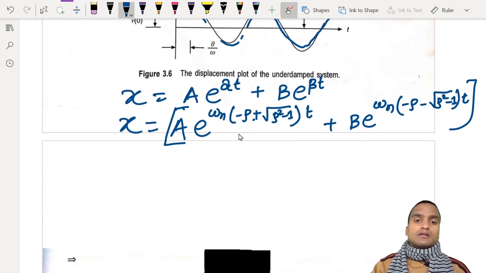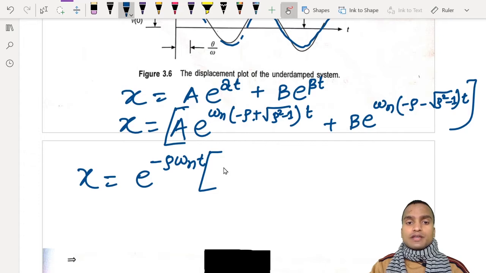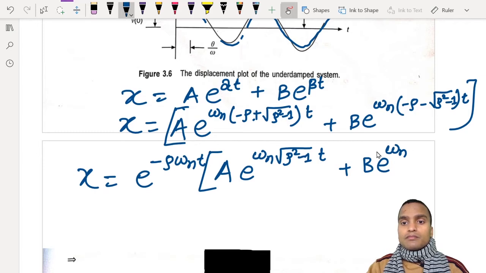Now what rearrangement can be done here? Let us take first of all e to the power minus rho omega n times t as a common component from both of the terms, and write the internal components as a e to the power omega n root under rho square minus 1 times t plus b into e to the power omega n minus sign here root under rho square minus 1 times t.